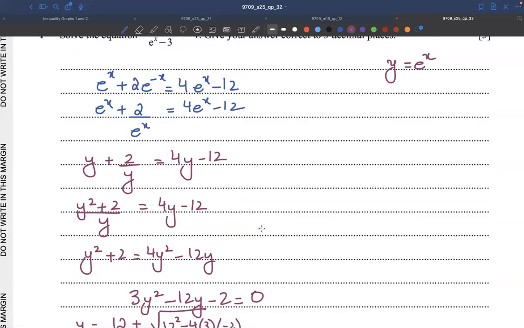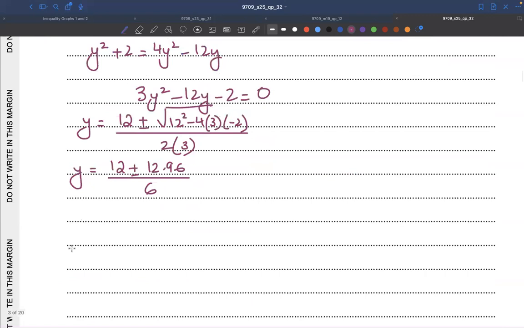A negative value is not possible. So what we'll have is y = (12 + 12.96)/6, that is equal to 4.16. So y = 4.16.